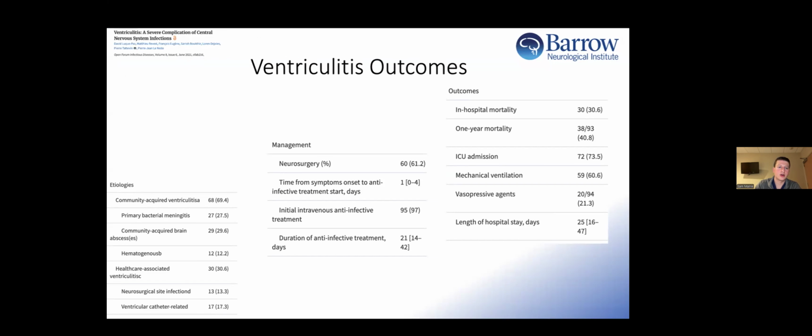In this review, also the 2021 paper, we saw that 60% of them were subjected to neurosurgical intervention. And despite that, the in-hospital mortality remains 30%, and the one-year mortality was greater than 40%. Notably, these patients have a prolonged length of stay, where the average patient in this case series had a length of stay of 25 days.